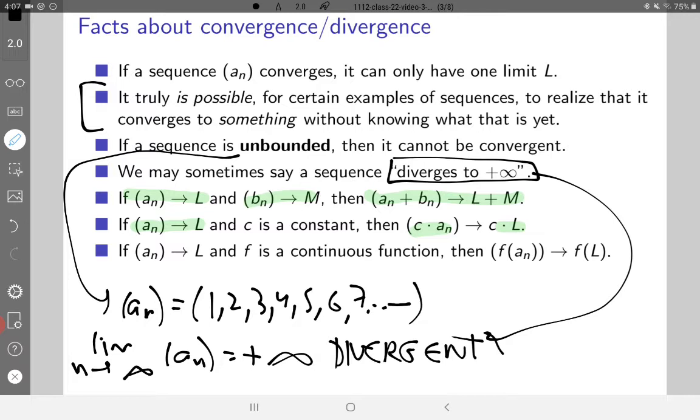That should also make sense. And this one at the bottom says, if I have a sequence that converges to some limit, and I apply a function to all of the terms of the sequence, then I'm allowed to apply that function to the limit. This is kind of a chain rule, a composition rule for sequences using continuous functions, and we'll see this come up in some examples later.